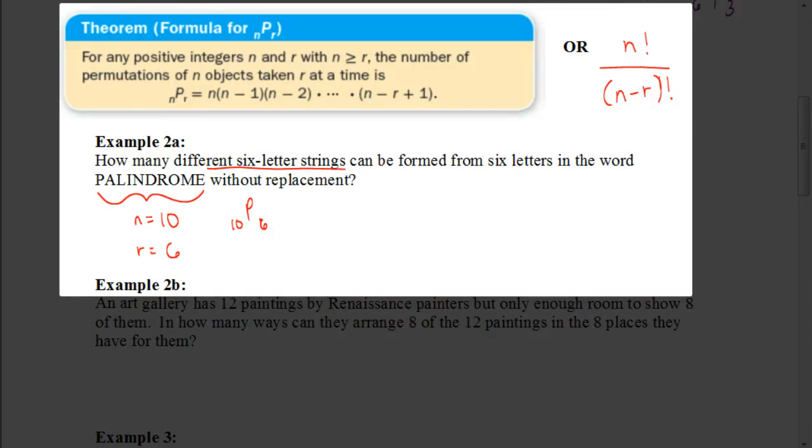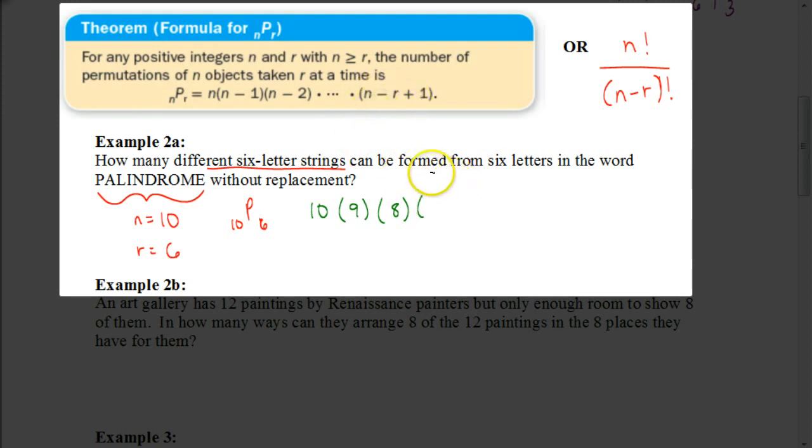Now, the way that we would use this first method that they show us here is we would set this up to say that we would have 10 times, because 10 is our n, n minus 1, or 10 minus 1, which would be 9. And 10 minus 2 would be 8. We keep going all the way down to n minus r plus 1.